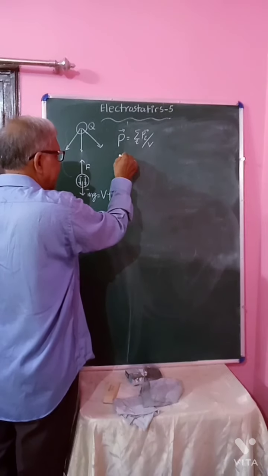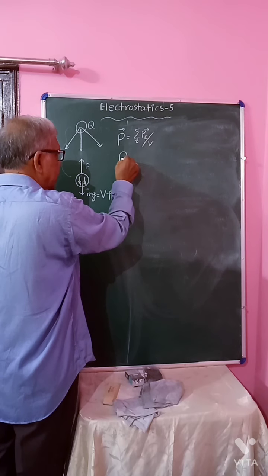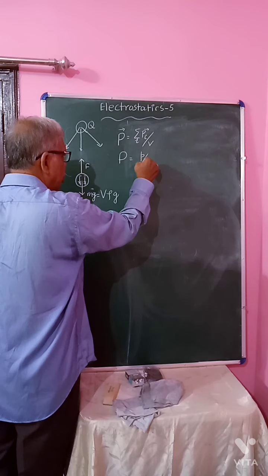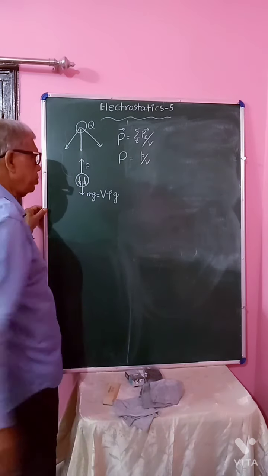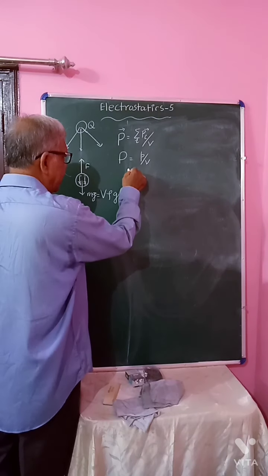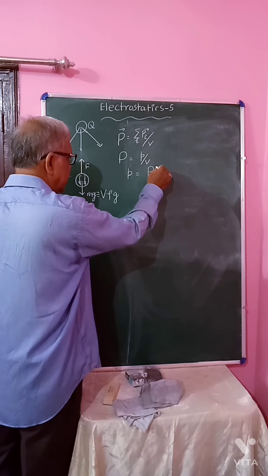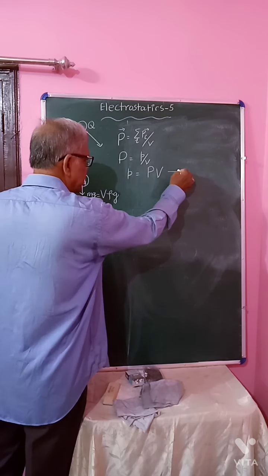Simply let us say that the polarization is total dipole moment for unit volume. Now dipole moment is equal to polarization into volume. This is equation 1.